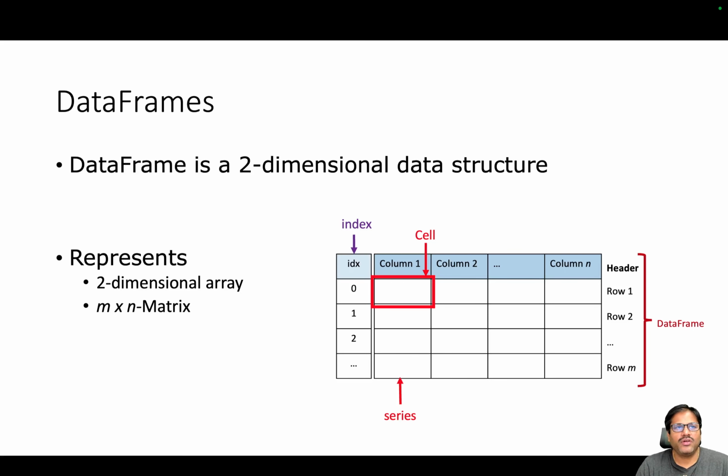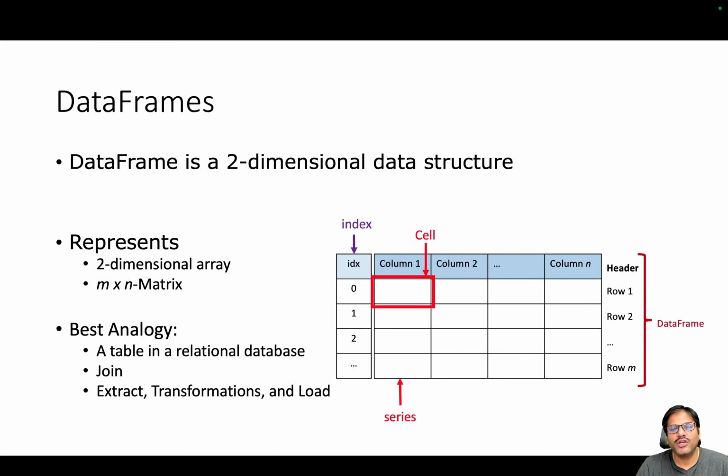The best analogy for a data frame is the concept of a table in a relational database. Because if you look at a table using SQL, we can do joins on a table. Also, we can perform operations such as extract, transform, and load.